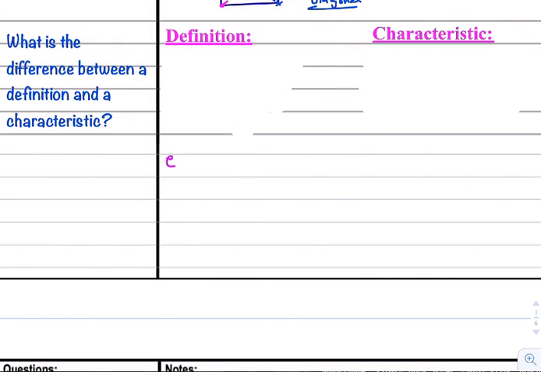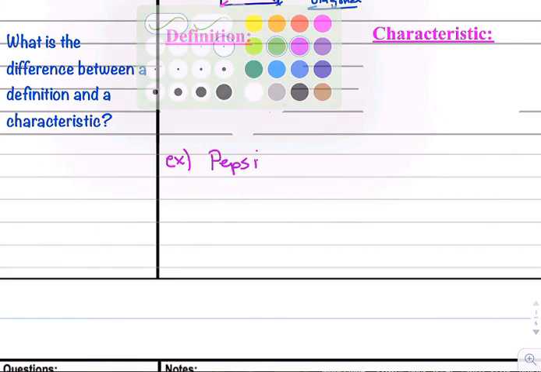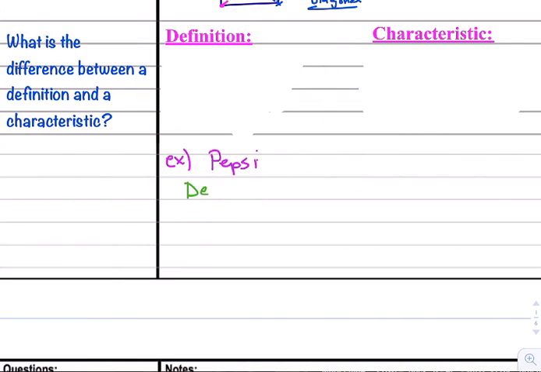So take, for example, Pepsi. Okay? There's something that defines Pepsi and there's something that characterizes Pepsi, and those two things are not the same thing. And so if I want the definition of Pepsi, what I'm talking about is basically the recipe of ingredients.